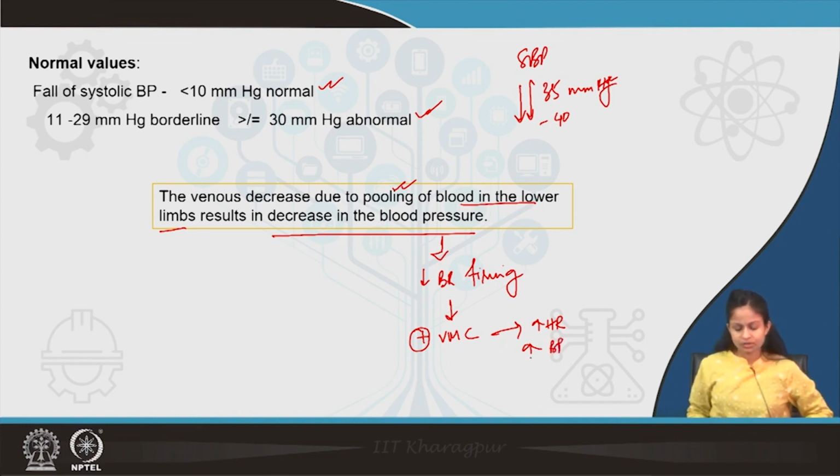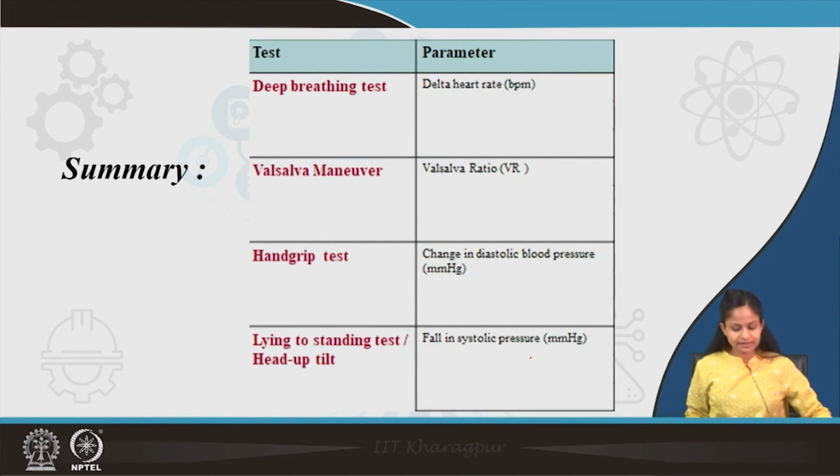Now, another important thing we have to remember is that the hand grip test, which usually signifies the sympathetic domain, should not be done if the person is suffering from severe hypertension, that means the blood pressure is more than 180 millimeter of mercury, or from coronary artery disease.